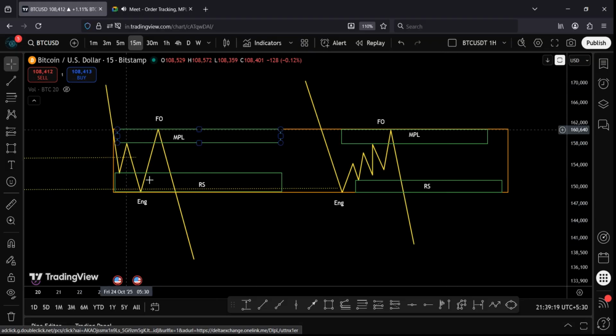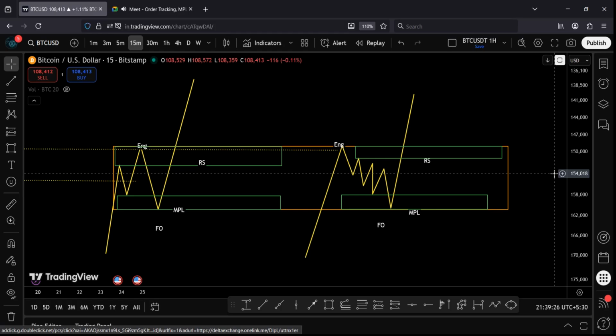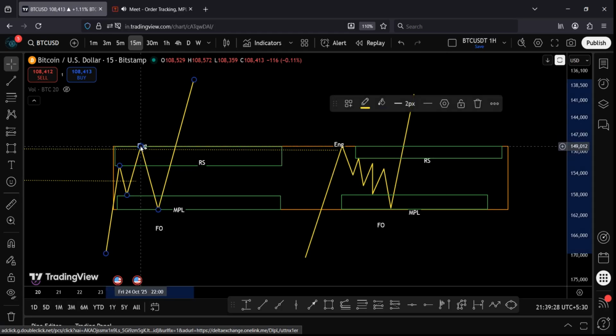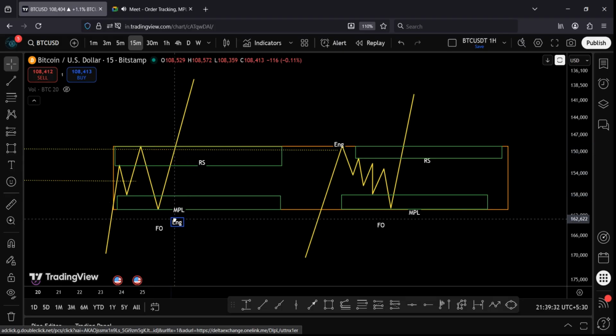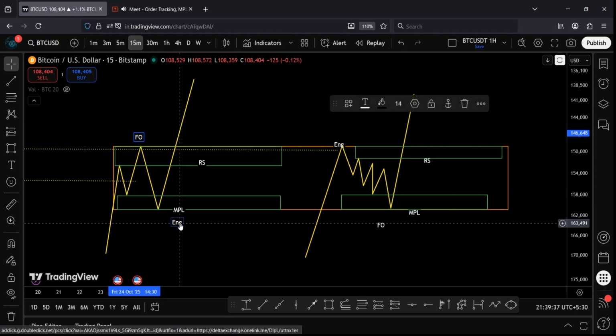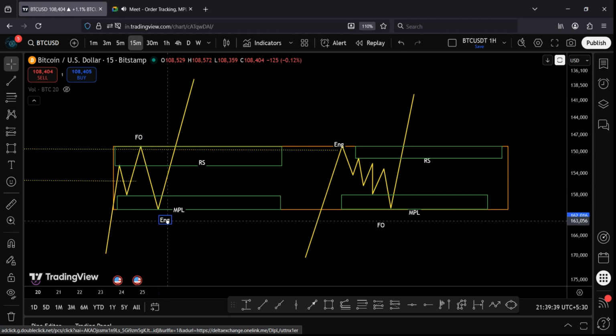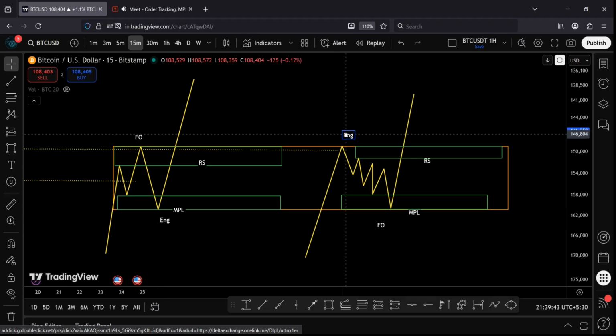And if we look, this was for the bearish side. If we look at the bullish side, just flip this, okay? And this engulf will come here, breakout will be here, right? This had changed here, right?